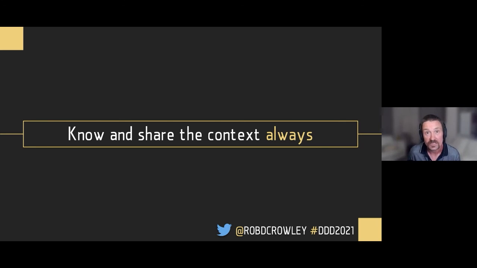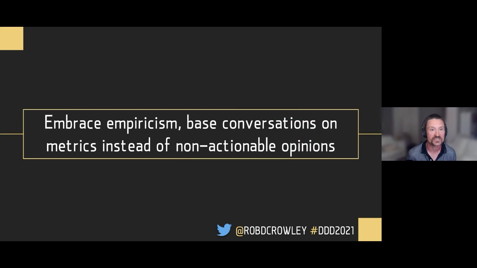So when you have it, and again, that would be either about the environment itself or around a specific area within the business, share it with team members and embrace empiricism. So base conversations on these metrics rather than non-actionable opinions. And data can be a wonderful way of improving your influencing skills within an organization.